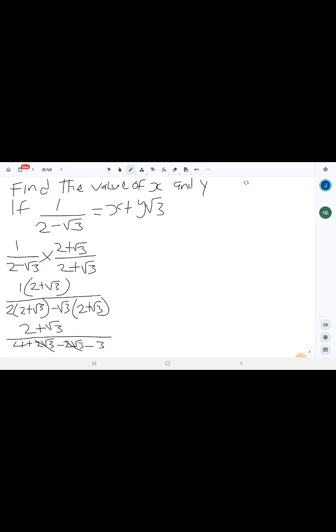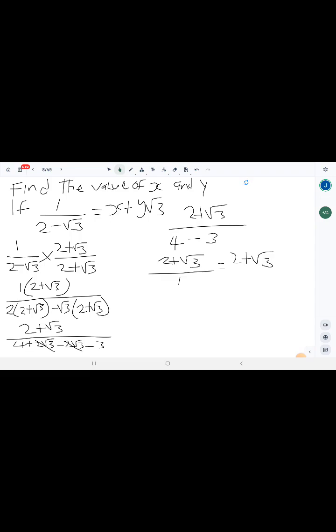So next, we would have 2 plus root 3 over 4 minus 3, and this would amount to 2 plus root 3 over 1, which could also be written as just 2 plus root 3. Now recall that previously, from our question, we're given everything here equals x plus y root 3.